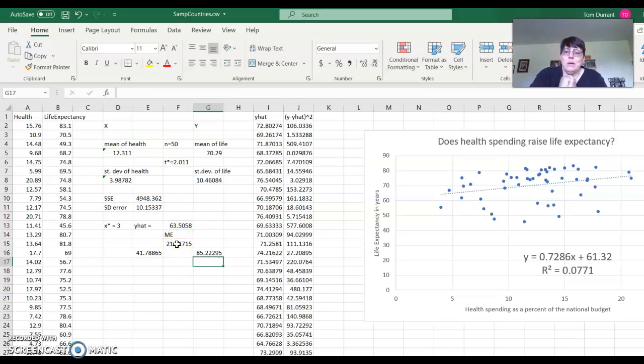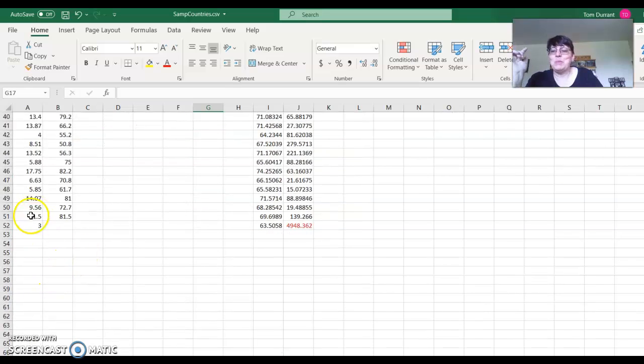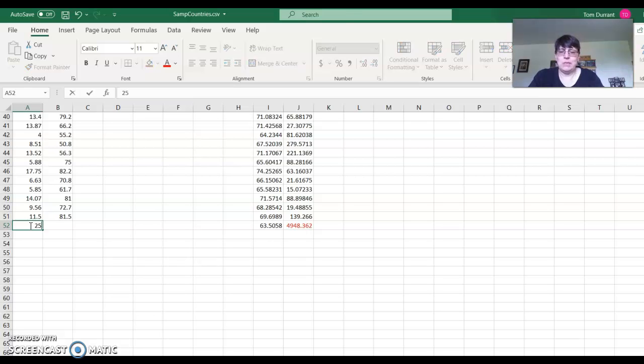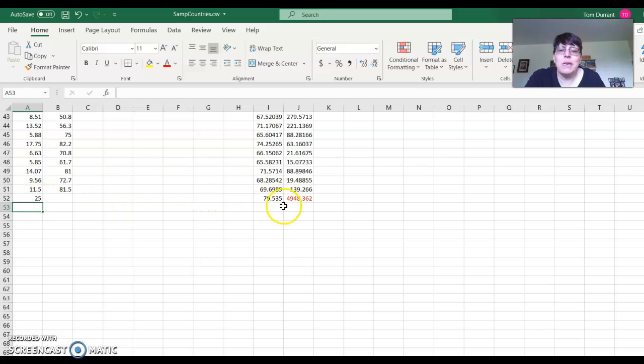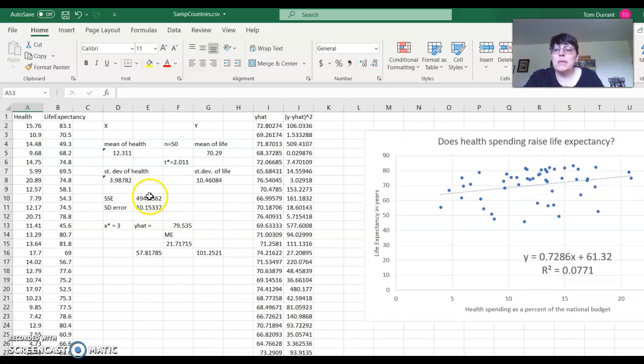Okay, so if I want to change what x star is, I can come down here. United States, I don't know, 25%. Okay, so y-hat is now 79. Life expectancy about 79, which is awesome, and it changed right up here.